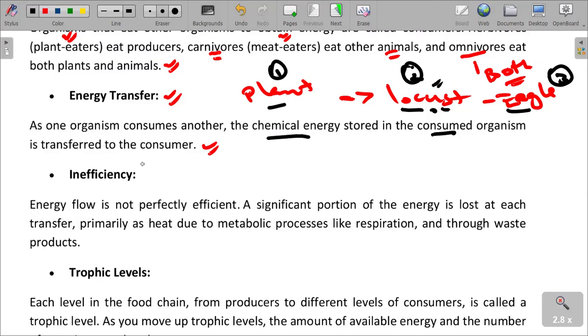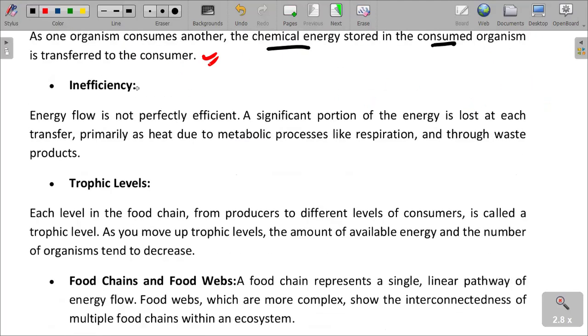And then there is inefficiency. Energy transfer is not perfectly efficient, and a significant portion of energy is lost at each transfer, which we identified at first. Energy is lost because of heat.